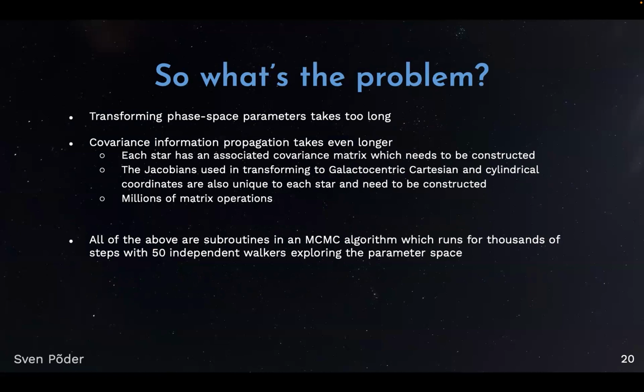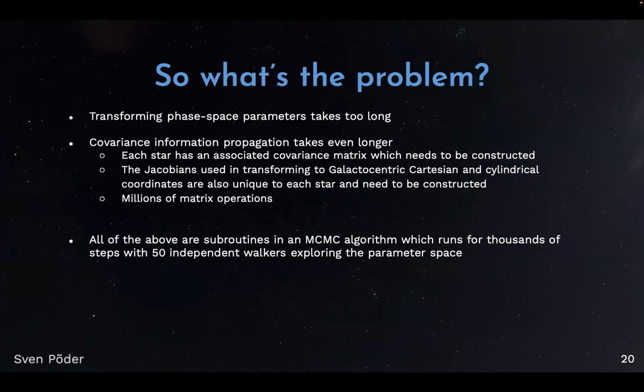So what's the problem? When you're transforming these phase-space parameters, this is essentially a series of matrix operations, but this takes too long because we wanted to use this in an MCMC. Also, the covariance information propagation to the galactocentric frame takes even longer, because with each star you have covariance information, so you construct the covariance matrix.